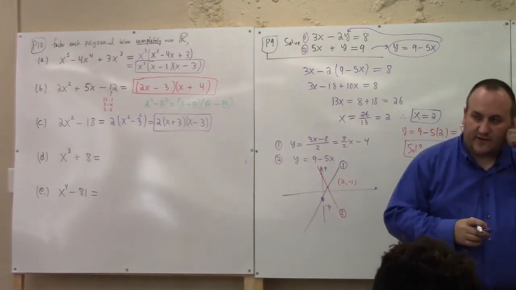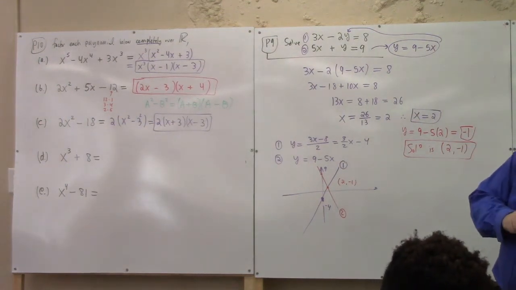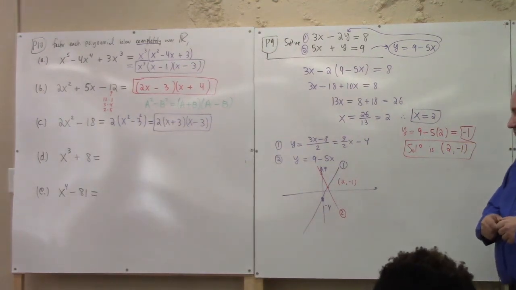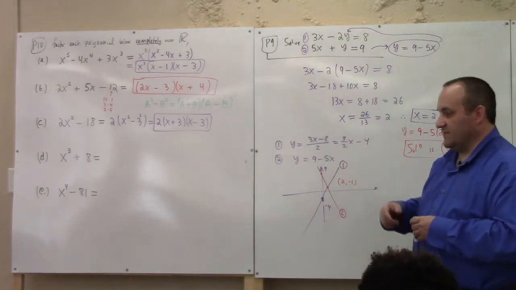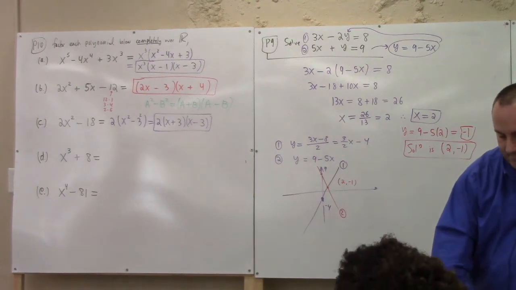If you can see it, great, that's a nice thing to be able to use. Notice we can do difference of squares in part E too, right? See that for part E?